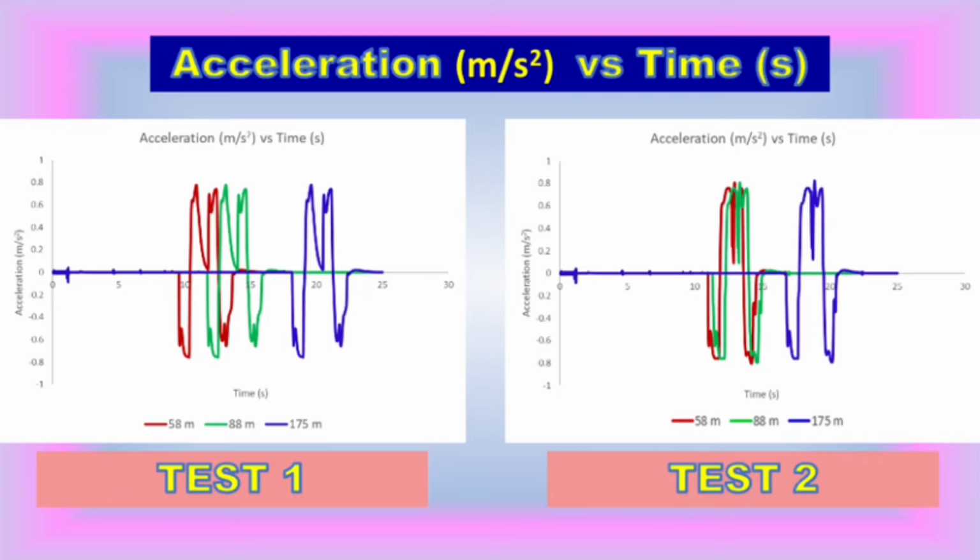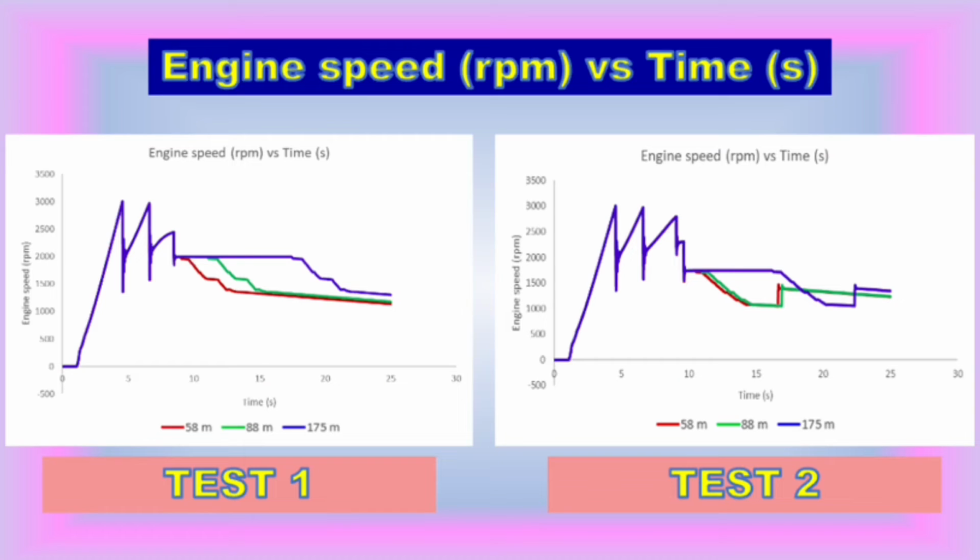This indicates that the maximum speed for test 1 is lower than test 2, which is 30 miles per hour. So it is a bit slower to accelerate the vehicle. The result for engine speed versus time of the test showed the difference between the peaks for test 1 and test 2.